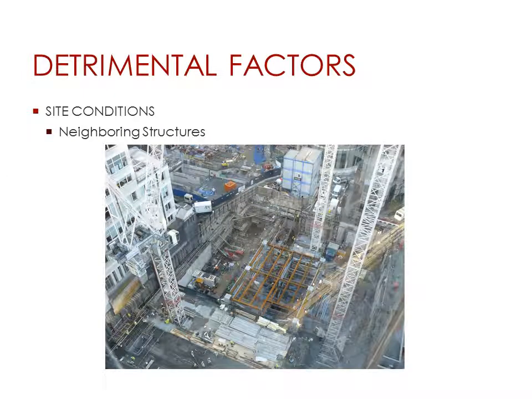Neighboring structures, the third-party rights, whether there are neighboring structures that will be affected by your construction method or not. All of these factors are detrimental in terms of excluding a certain method or not excluding it. So a certain method could be not applicable due to third-party rights, neighboring structures, for example.